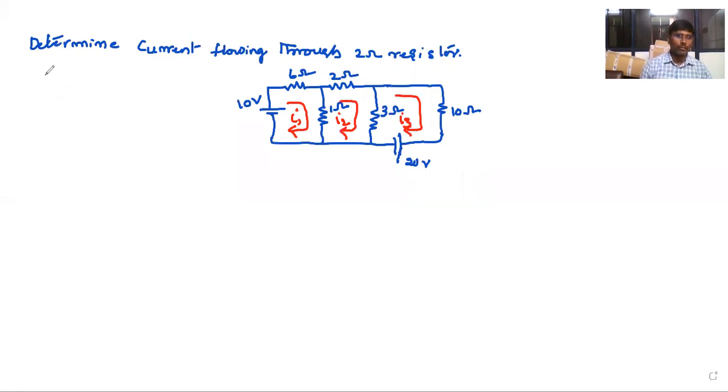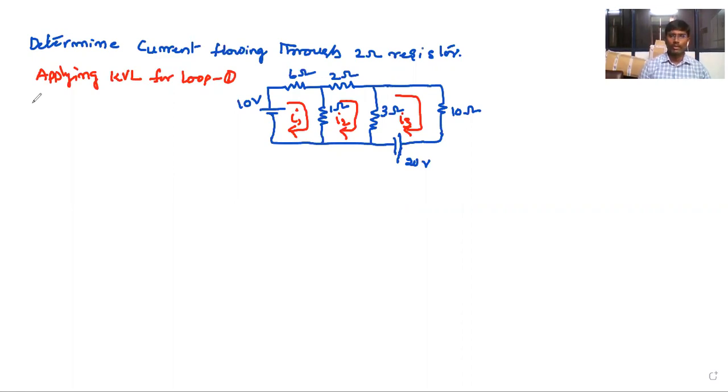So applying KVL for loop 1, what you will get? According to KVL, the algebraic sum of the voltage drops must be equal to the algebraic sum of the voltages applied.